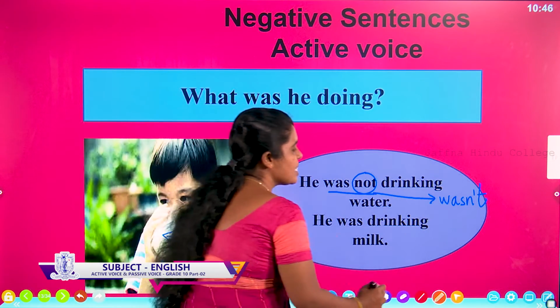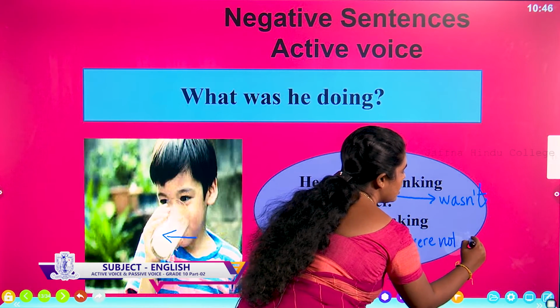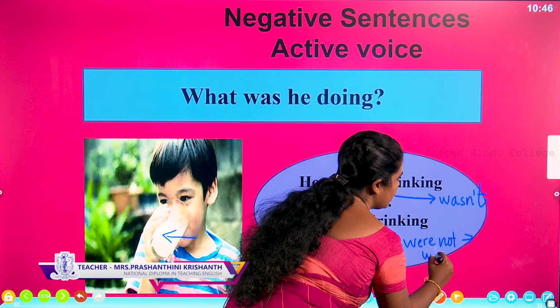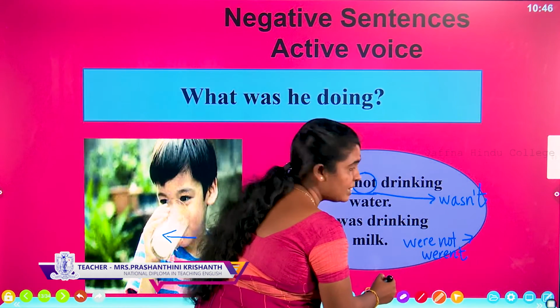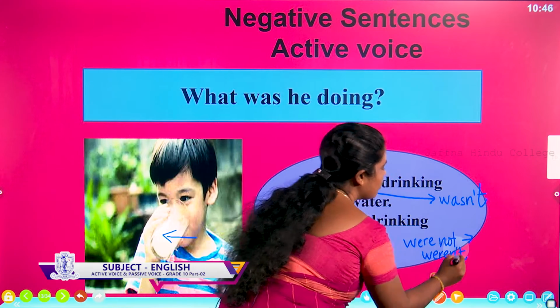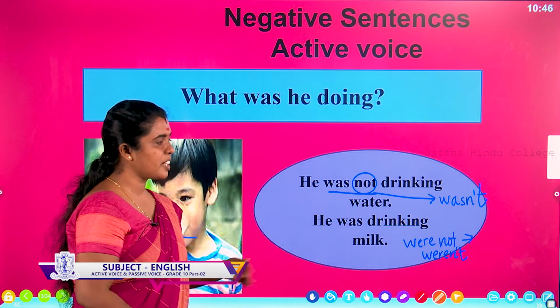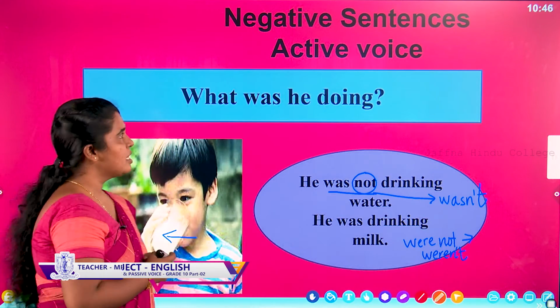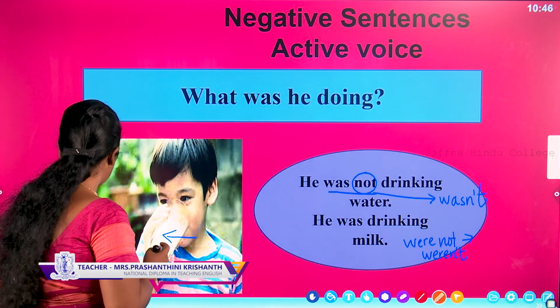Like that, if it is were not, how can you change? Simply do that one, were, right, like that, and put an apostrophe, weren't, right? Were not, contracted form, weren't. So, this is the negative pattern in active voice sentences.